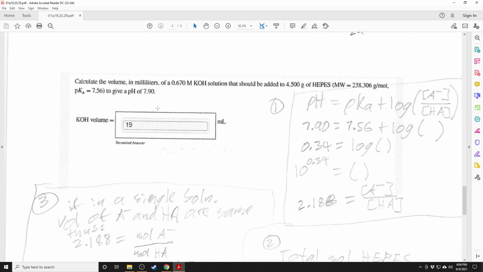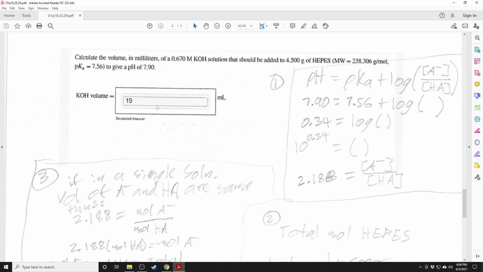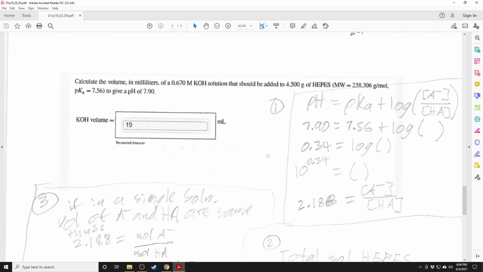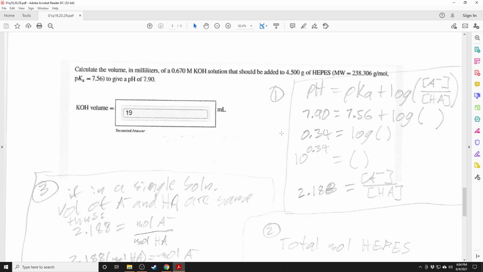And then when you get up into the 30s usually, those problems are the ones that will start combining concepts. And so in this case, we're doing a Henderson-Hasselbalch problem, but we also are going to have to do a significant amount of work to the number that we get. So it's combining concepts and problems to make a longer, more difficult problem. And this is 29, by the way.